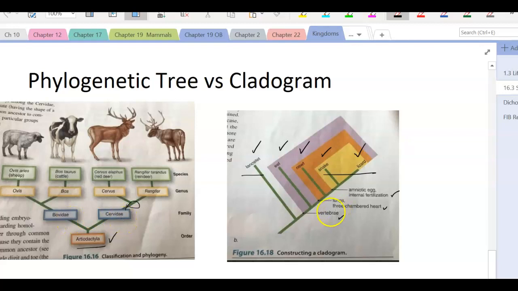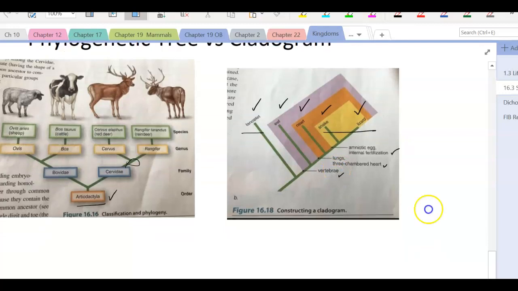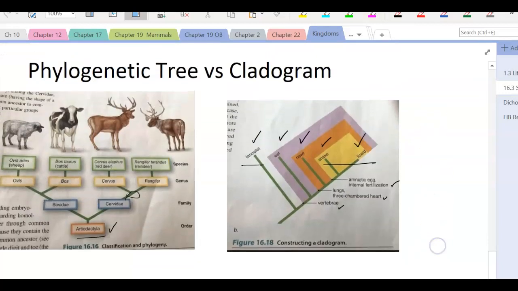But on a cladogram, it would actually tell you what it was in the evolutionary pattern of that organism that made it branch the way it did. And then we can see that snakes and lizards are closely related with a common ancestor. Unfortunately, they don't give the common ancestor here. But we could find that in a database, or we could find that on a really detailed tree of life. Okay, that's it.